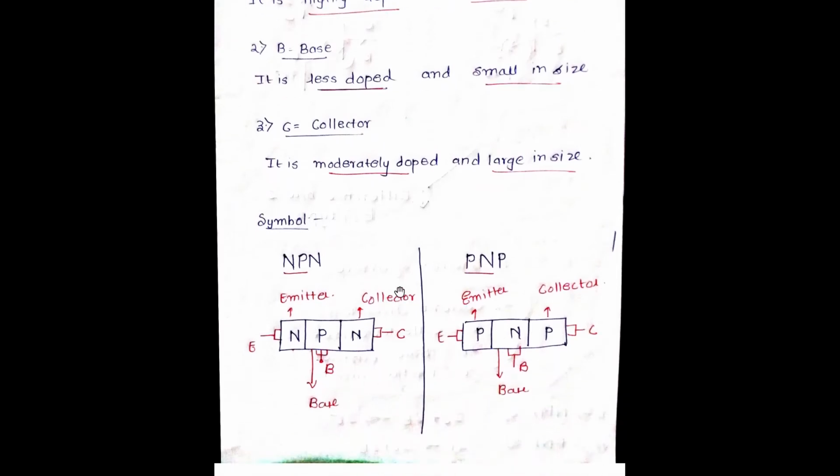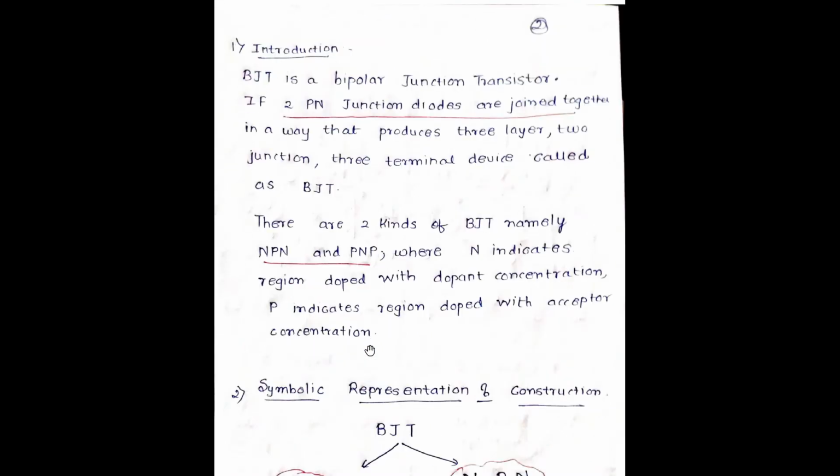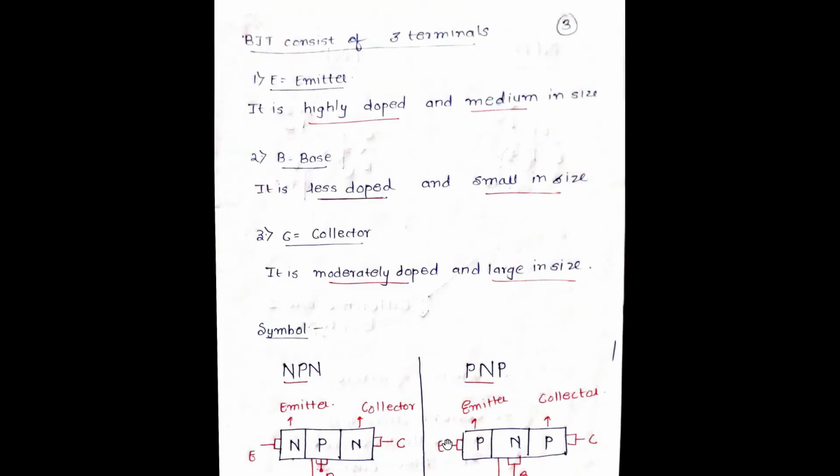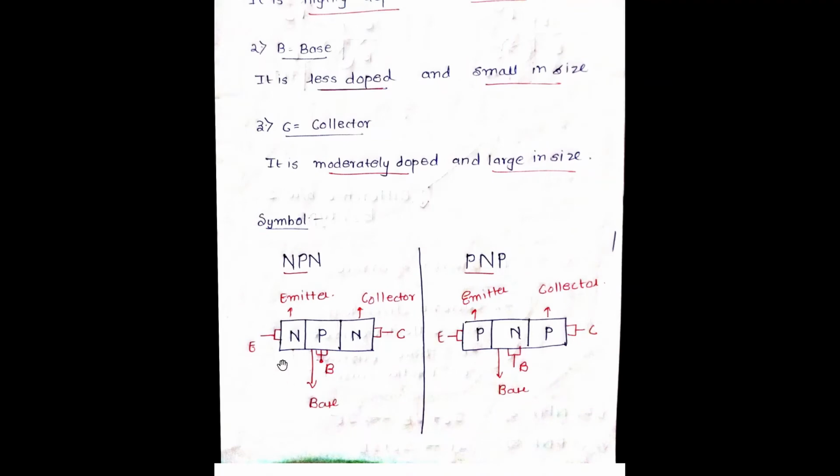Now I'll show you the structure of an NPN and a PNP kind of transistor. If I talk about an NPN transistor, as I mentioned, the order is always EBC, emitter, base, collector. So you have an emitter, you have a base, and you have a collector.